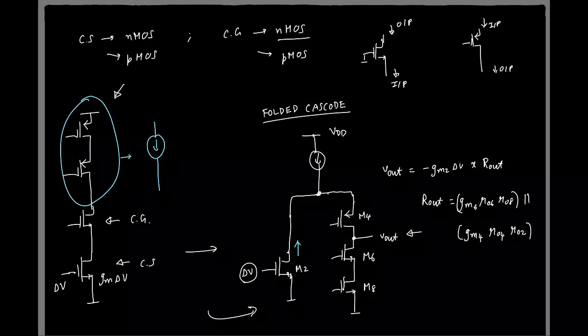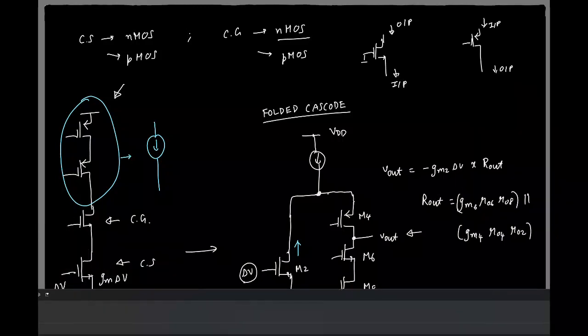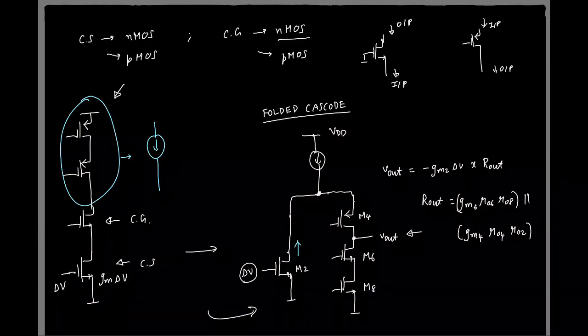Okay, great. So now that we have made this single-ended version, let's quickly form the differential equivalent. So I need to have a differential version. I'll start with an NMOS differential pair.